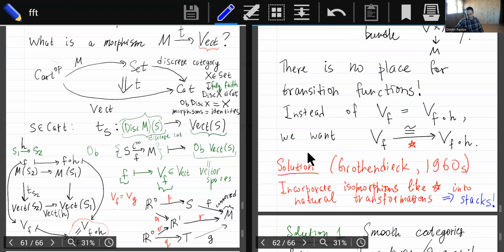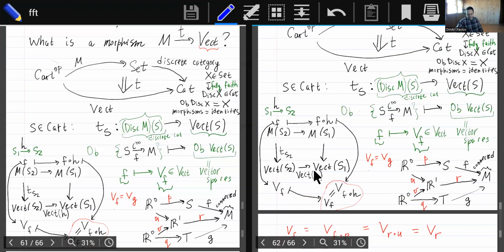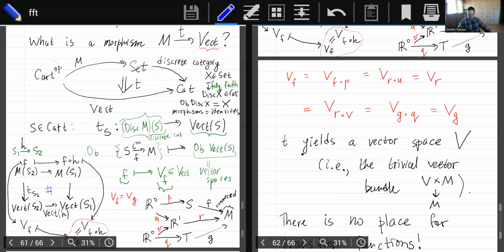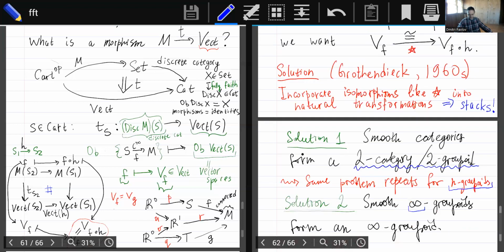So one way to interpret this solution is that it forces this square to be commutative, not up to an equality, but only up to some isomorphism. And this isomorphism itself has to satisfy a coherence condition. And that's exactly what I want to talk about right now.